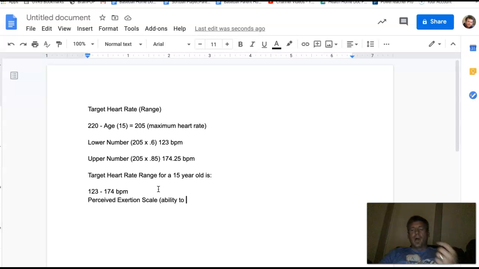So I might be able to talk, but I'm not able to do it without having to take breaths between words. So that would be a perceived exertion scale rate at which you want to be at. So any questions, feel free to let your instructor know, but hopefully that helps you understand how to figure out your target heart rate.